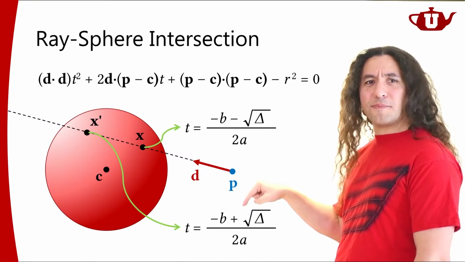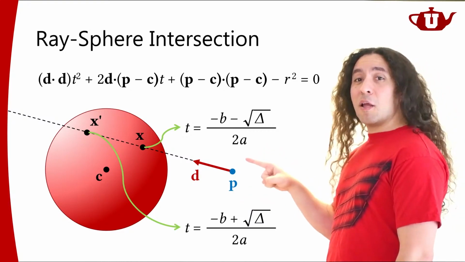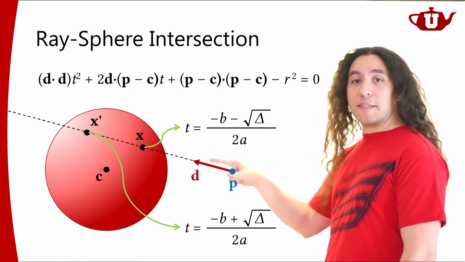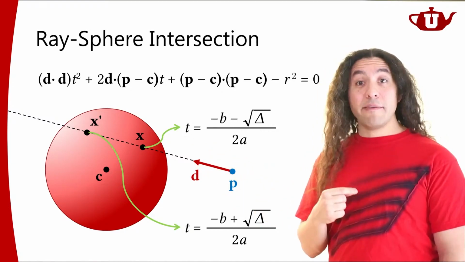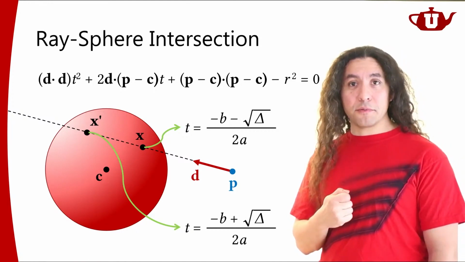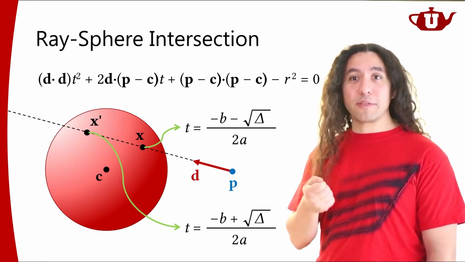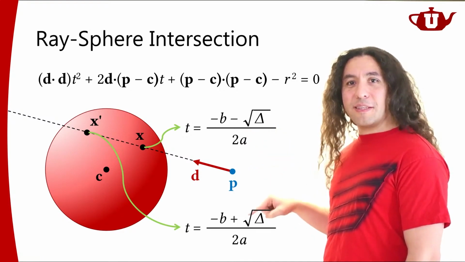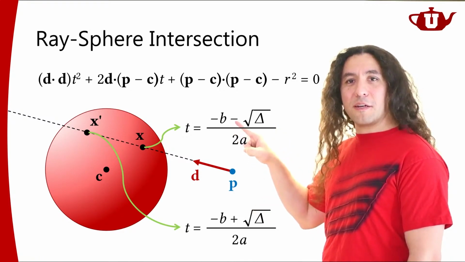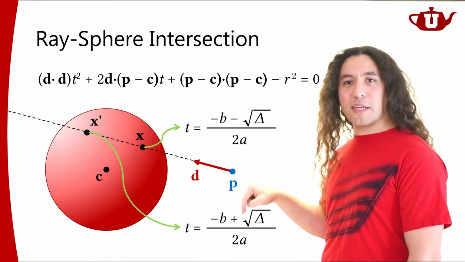And why is that? Now, the closest hit point, the one that's closer to the ray origin, is going to have a smaller t value, right? If you look at these two equations, the only difference is the sign over here, this minus and this is plus, obviously.